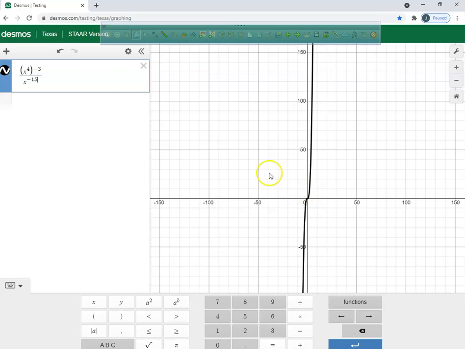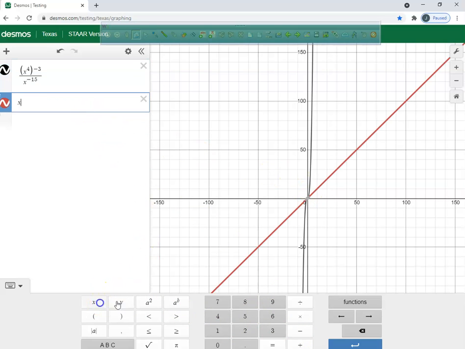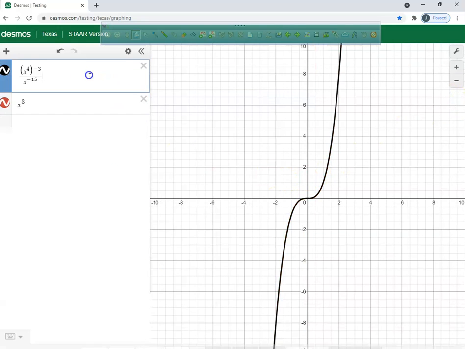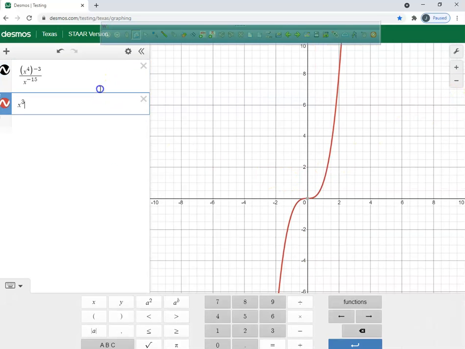You guys see that right there? And then if I type in my answer choice, x to the power of 3, does everybody see how these match? But it only works if you do it in terms of x. You can't do it in terms of q or r or s or t, or y. It's got to be in terms of x.